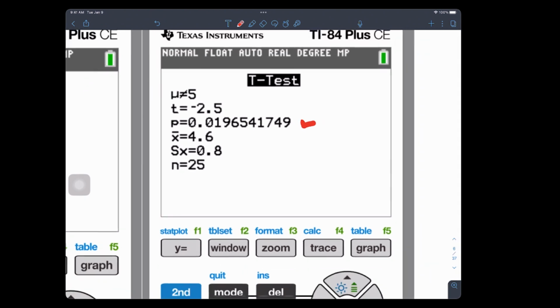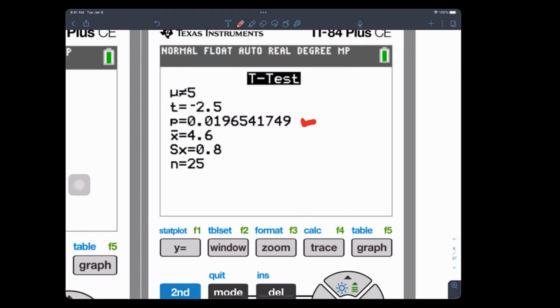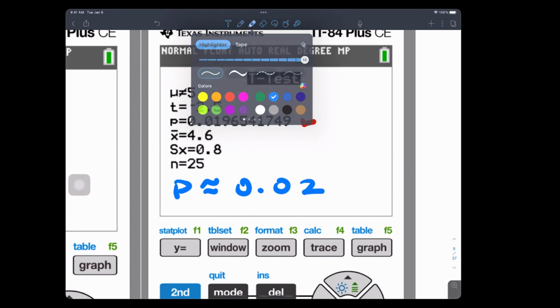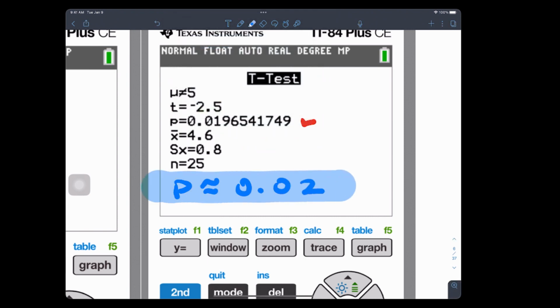Line 3 is the p-value. Go to the nearest hundredths for a p-value. This is 0.02. Isn't that the p-value?